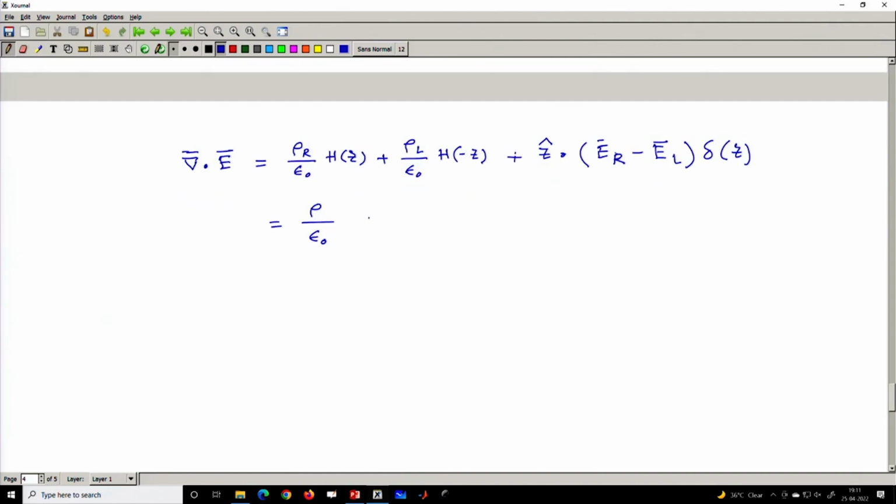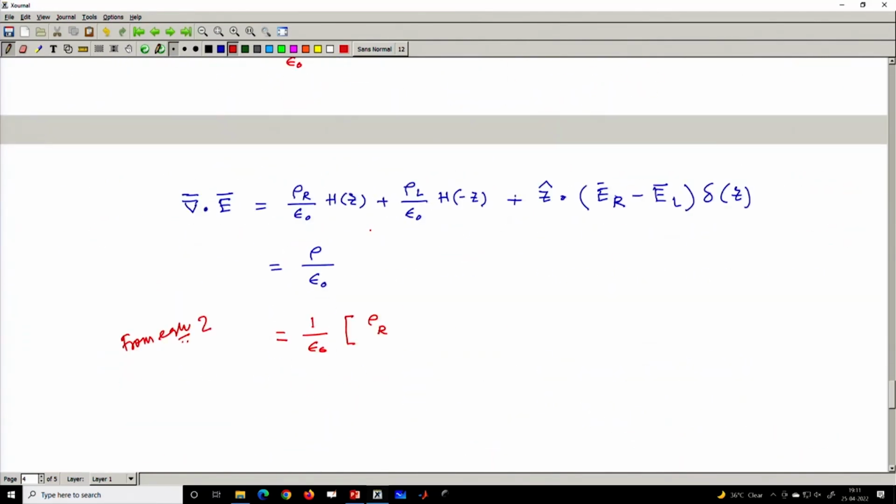So I can write it here: it is equal to 1 divided by epsilon 0, from equation 2, this red part I can write, and rho I write as rho_R with the Heaviside function of z, plus rho_L with the Heaviside function of minus z, plus sigma delta function of z that I use.